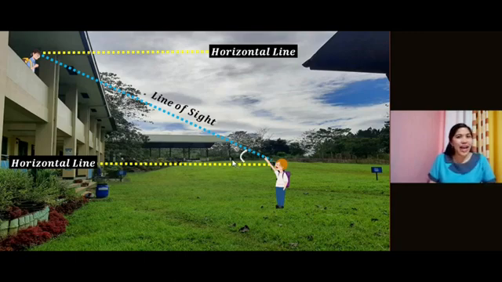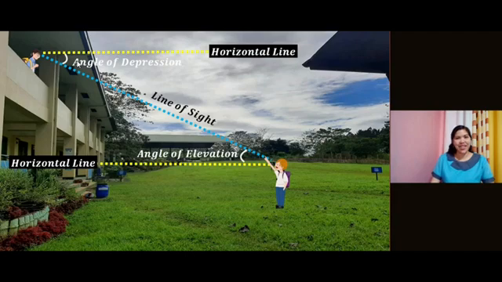How do you call this angle? Angle of elevation. And for your classmate to see you, who is on the ground, she needs to look down. And as she looks down, there is this angle that is formed. This angle is what we call the angle of depression.